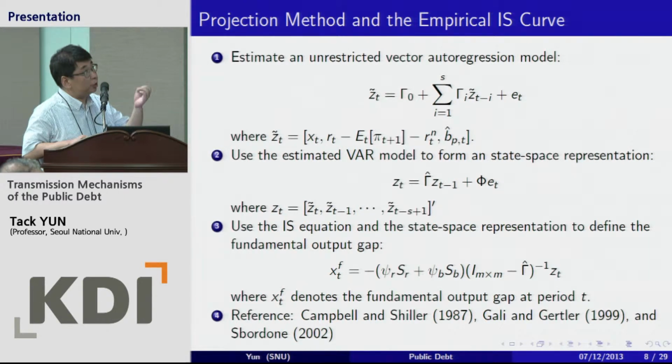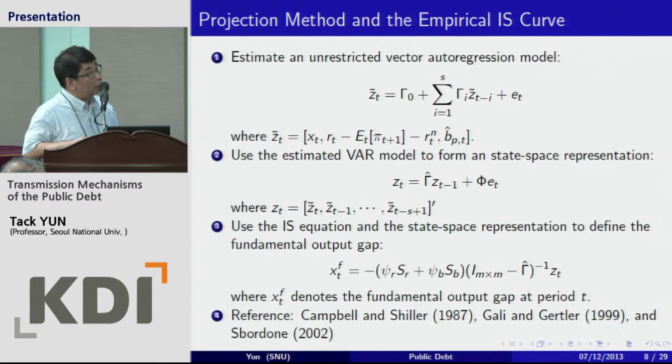Then I move on to another method to see if we still have the same sign of the coefficient. In the first part, I estimated an unrestricted vector autoregression using the projection method. The vector includes the output gap, the interest rate gap, and the ratio of public debt to GDP.